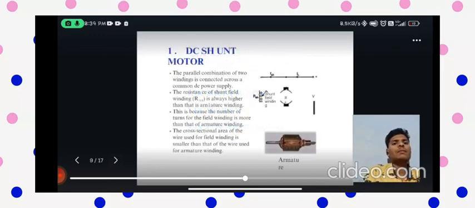In a DC shunt motor, the parallel combination of two windings is connected across a common DC power supply. The resistance of the shunt field winding RSH is always higher than that of the armature winding.